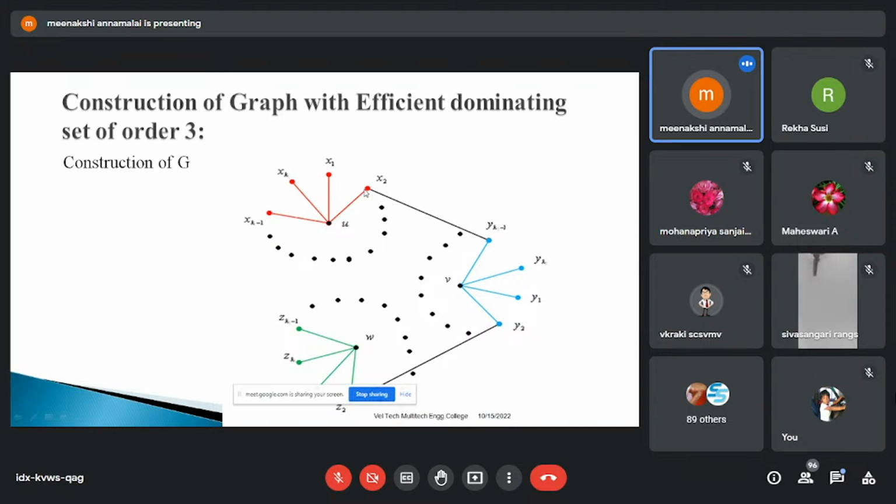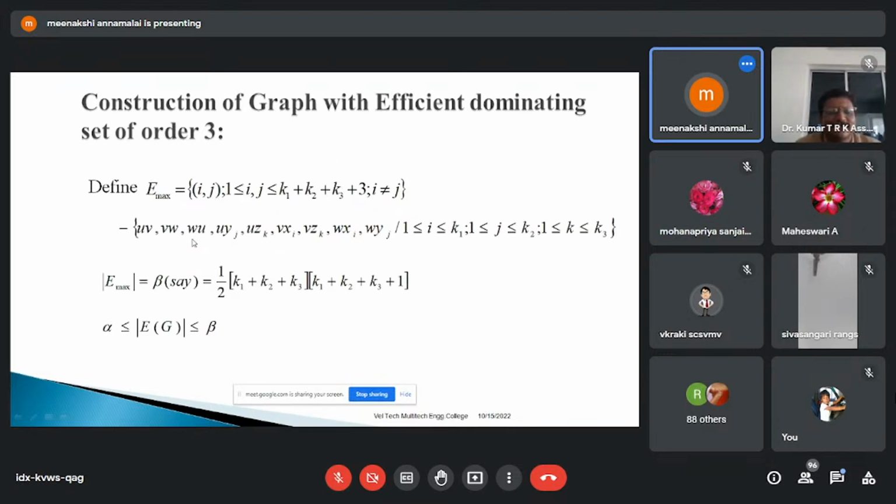So these restrictions are there. Now you can easily understand. So that's why I subtracted UV, VW, WU, UYJ, UZK, VXI, VZK, WXI, WYJ, where I, J, K lie between 1 to K1, 1 to K2, 1 to K3 respectively.